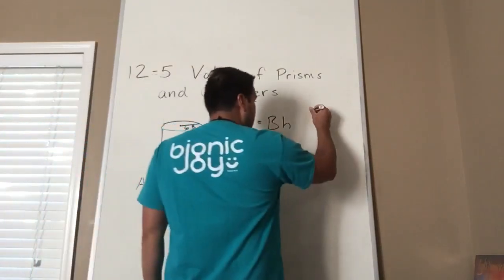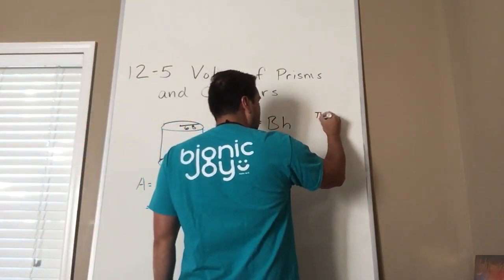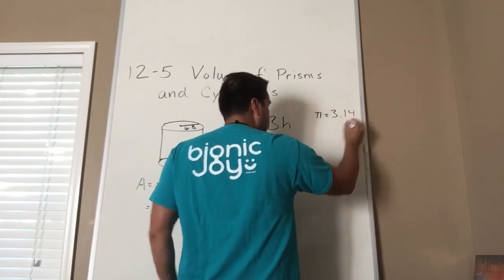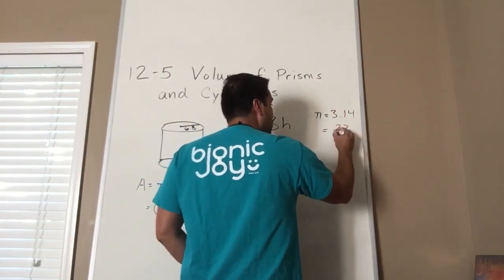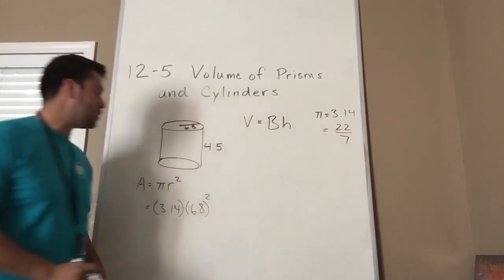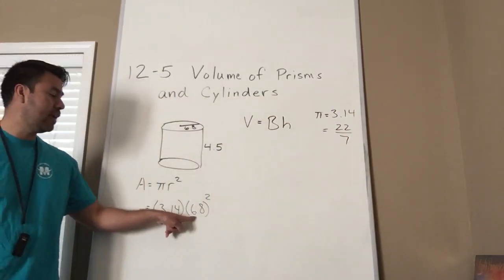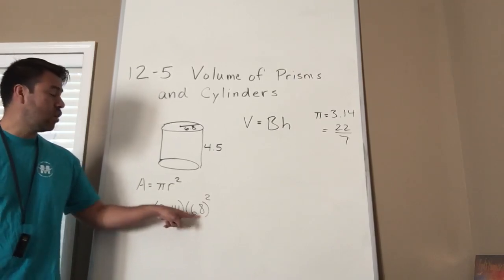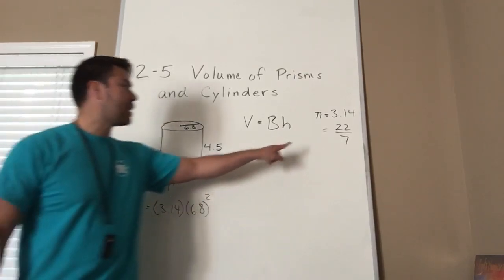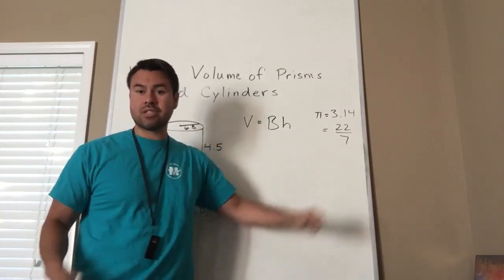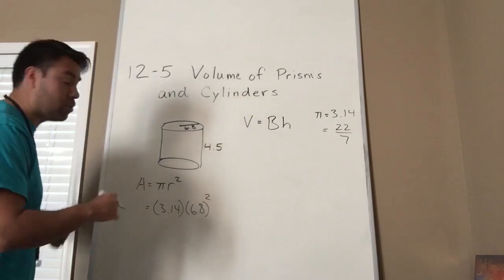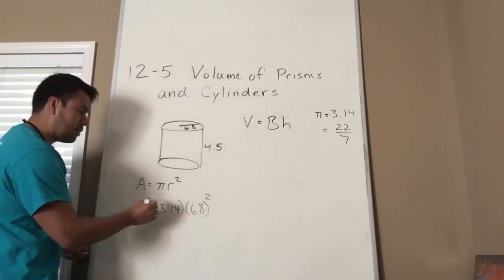So I'm going to put here off to the side for your notes. Pi is almost 3.14, so we use that, or 22/7. Now the times I use 22/7 really is when either this is not a decimal, or this is a fraction, or this is a number that can be divided by 7 easily. So you'll have an option to use either one, and I'll show you a problem where you might want to use this one. Okay, anyway, let's keep going.